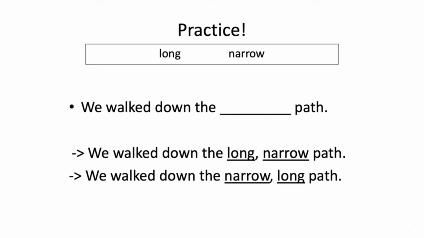Or, we walked down the narrow, long path. Both the adjectives long and narrow describe the size or measurement of the path. They are therefore used as coordinate adjectives.